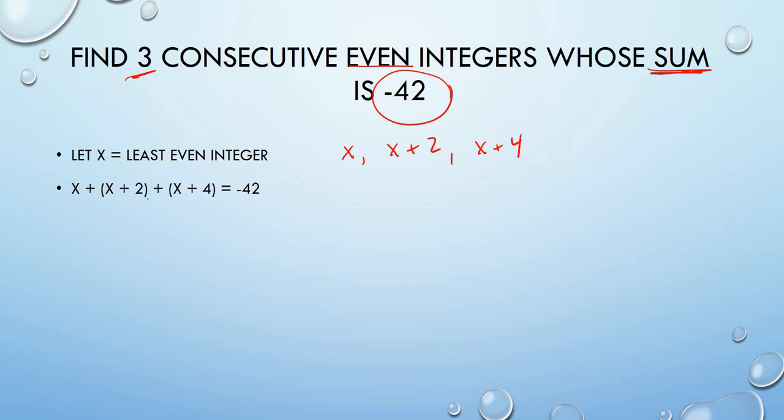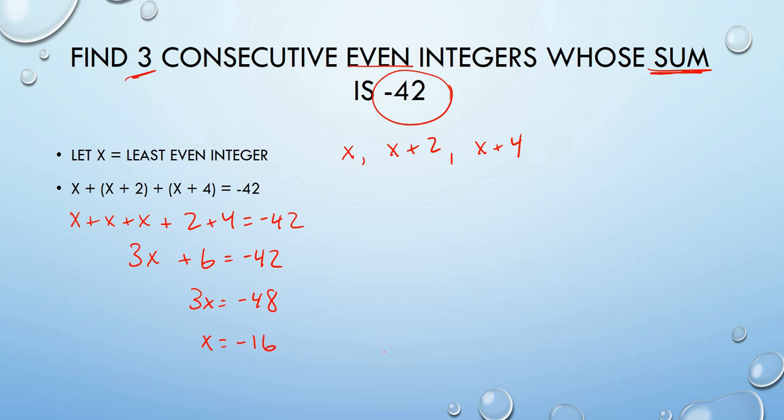All right, so combining like terms, x plus x plus x go together, the 2 plus 4 go together. So 3x plus 6 equals negative 42. Subtract 6 and divide by 3. So negative 16 should be the smallest.